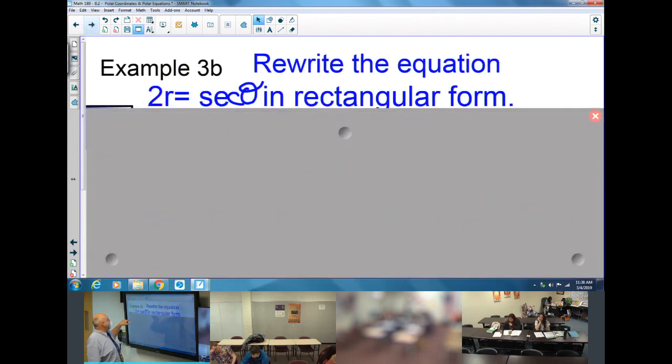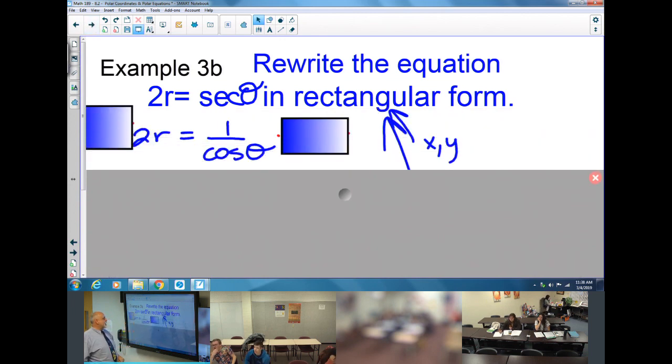Rewrite the equation 2r equals secant theta in rectangular form. Well, see, the problem is that we don't have a conversion to secant. So what you do is you say, well, secant is 1 over the cosine. Okay? And now you multiply each side by cosine.